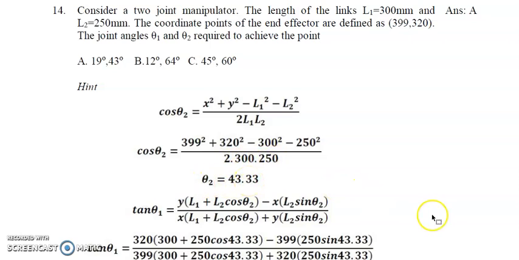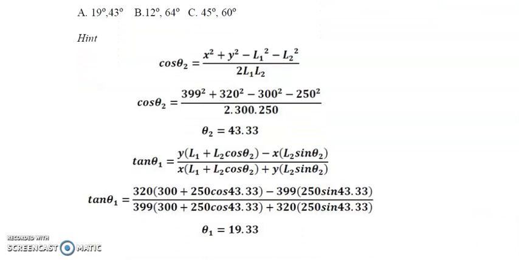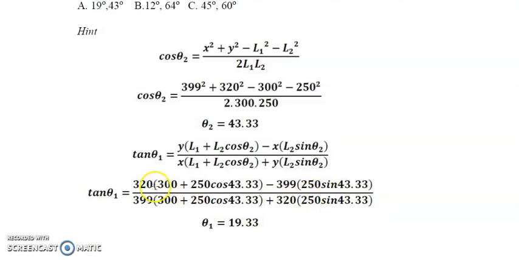43.33. So theta 1 value: tan theta 1 is equal to y into L1 plus L2 cos theta 2 minus x into L2 sin theta 2, divided by x into L1 plus L2 cos theta 2 plus y into L2 sin theta 2.